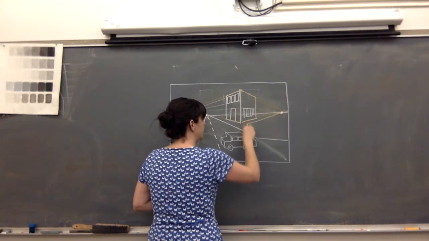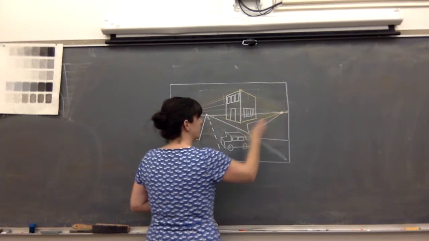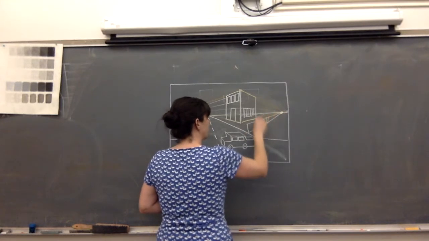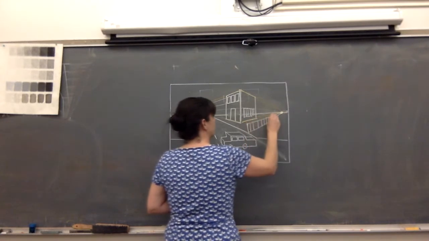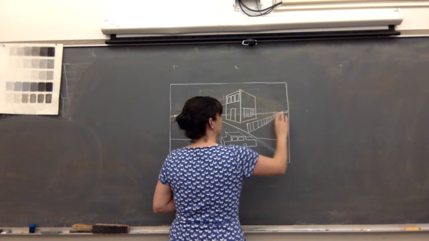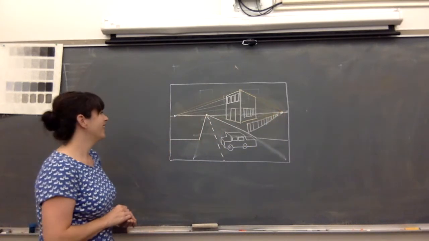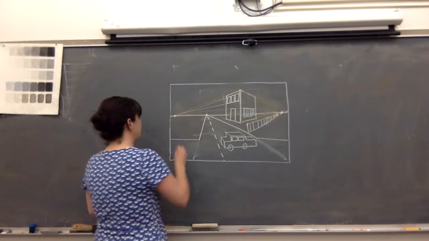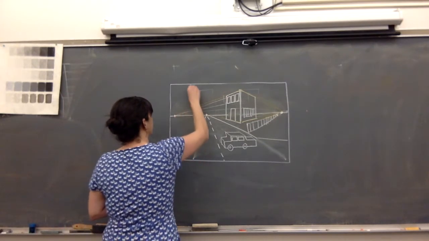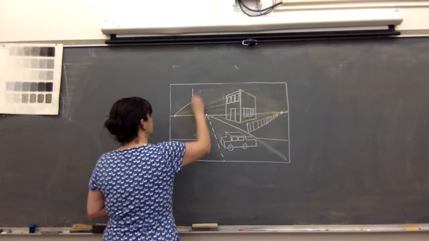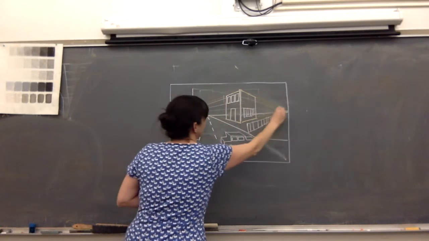We'll draw a vertical. Right? This could be our fence. That's not a great fence, but it's okay. Let's say we want to make a sign up here. Let's put a vertical. And then this would go to our vanishing point.